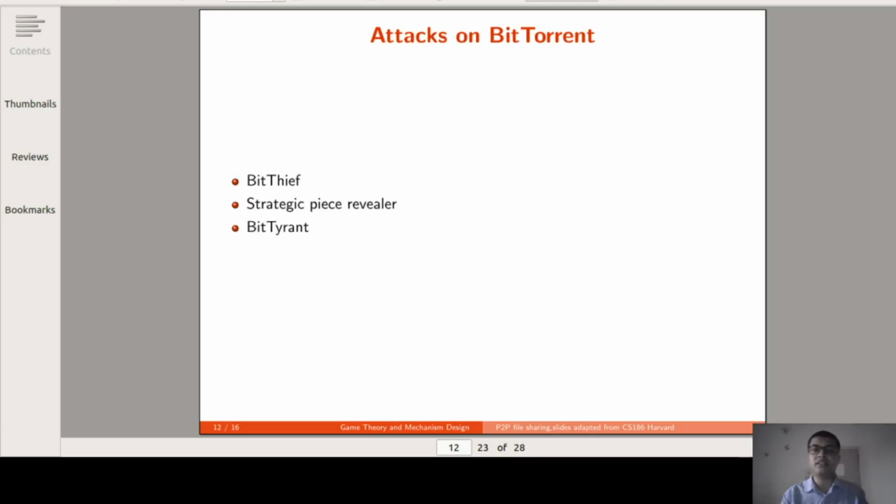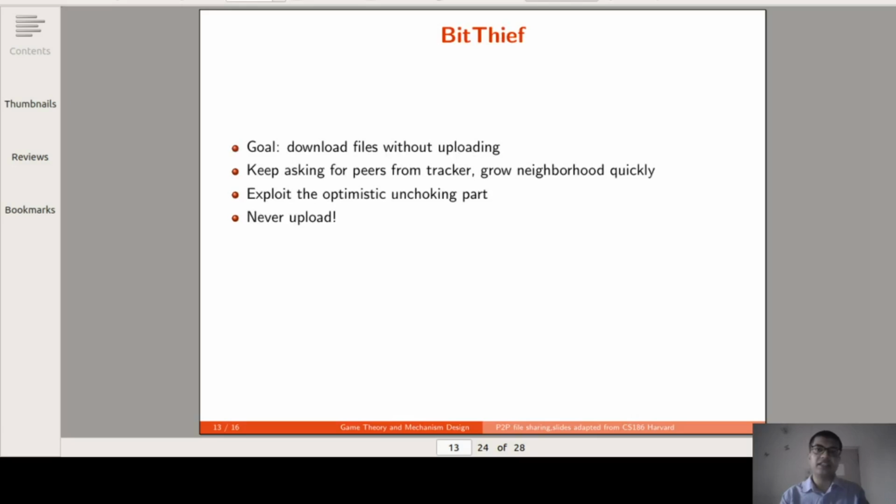So there are certain ways you can game the BitTorrent system, and the examples that I'm going to give you are essentially exploiting one or more of those weak points. The first client is BitThief. The goal is as usual, download files without uploading.